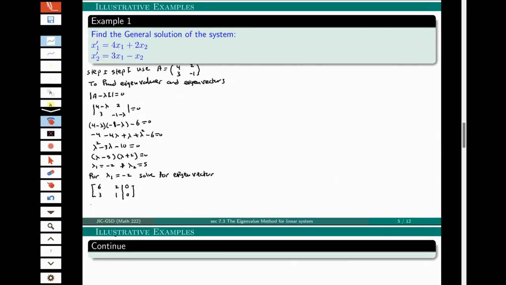Now, if we divide the first row by 6, we get 1, 1/3, 0, and this is 3, 1, 0 as it is. Now, this is a leading term, so we can use it to make the elements below it 0 according to echelon form. So minus 3 row 1 plus row 2. If you multiply row 1 by minus 3, you get minus 3, minus 1, 0. When you add it with 3, 1, 0, you will get the entire row is 0.